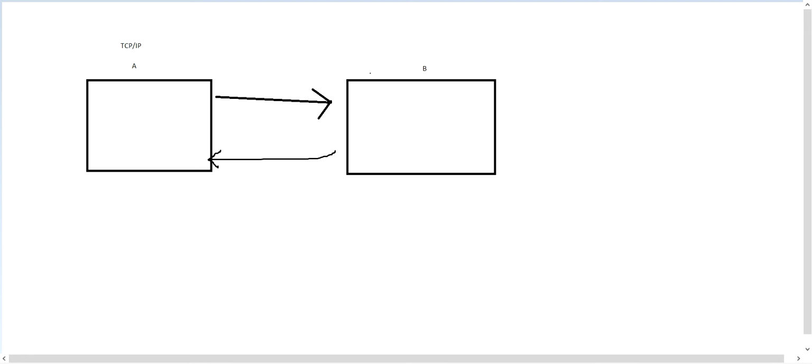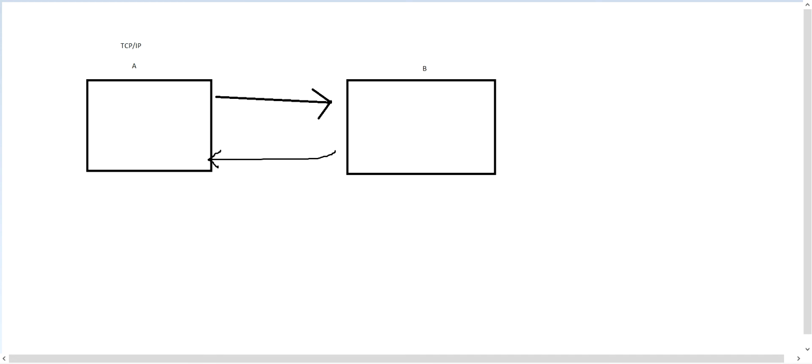That is a rule, one of the protocols it follows. And when computer B gets the request from computer A, it doesn't just do nothing. It has to give a response. That is one of the rules that computer B follows.